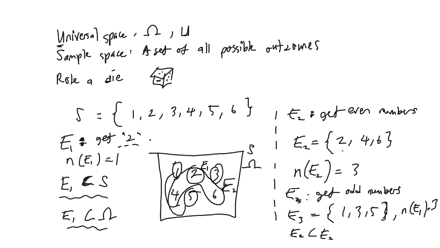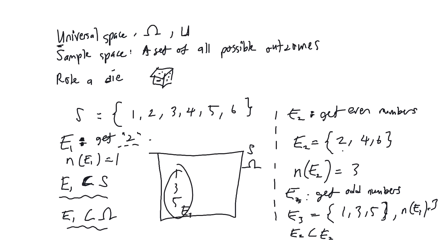Better if I redraw again. 1, 3, 5 is event number 3; 2, 4, 6 is event number 2; and 2 is event number 1. So event number 1 is a subset of the sample space, or the universal event.